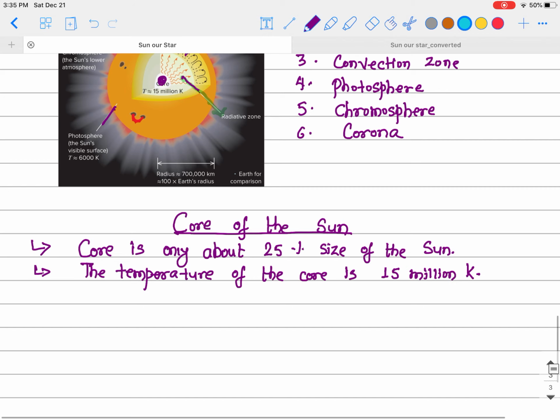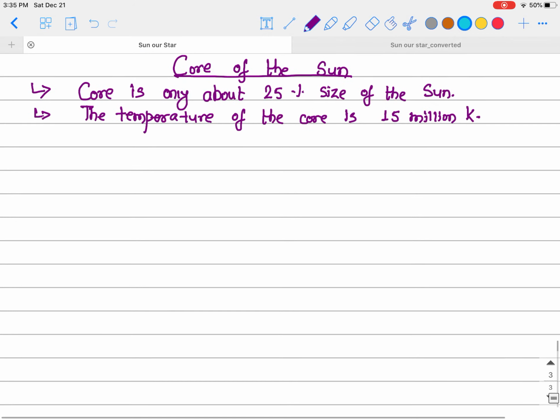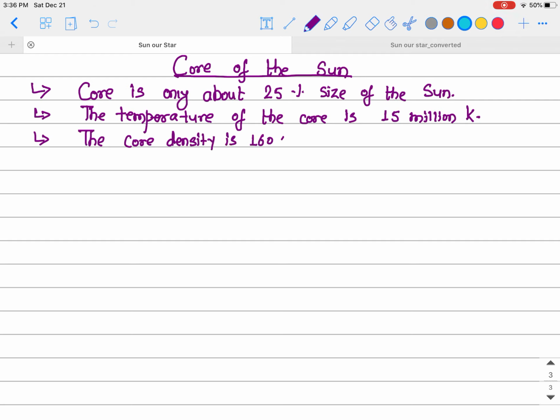The core density is 160 grams per cubic centimeter.